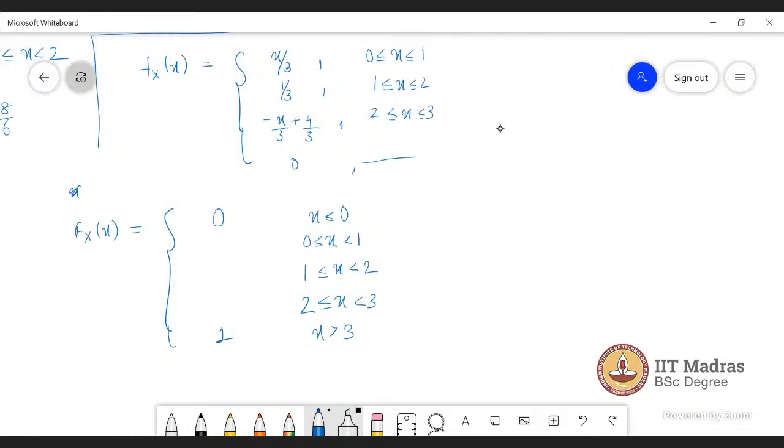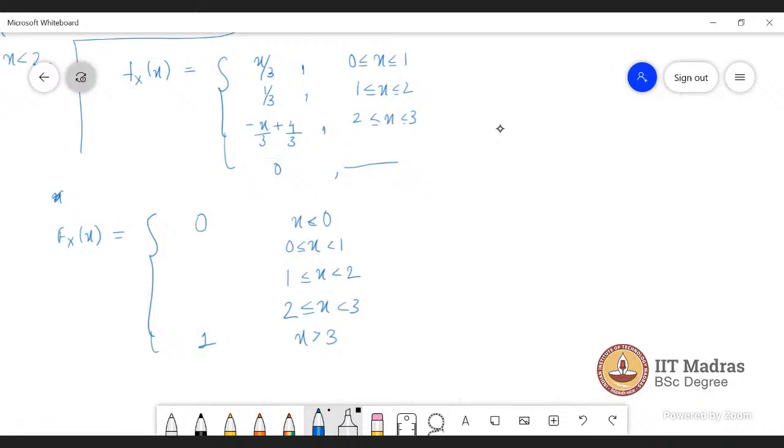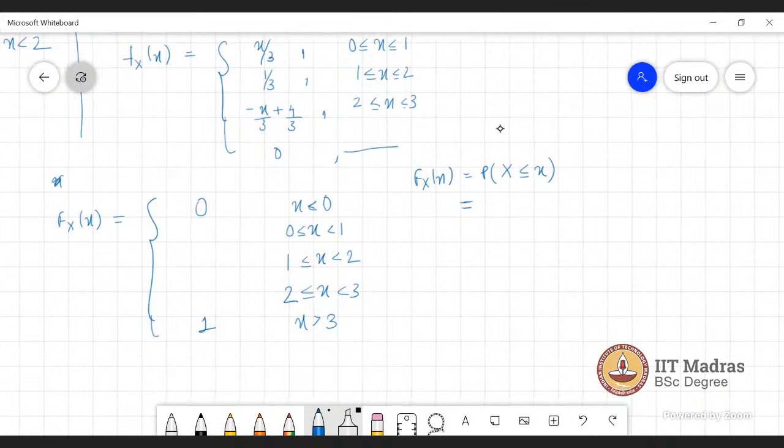So if you have to find the CDF for x between 0 to 1, F(x) is the probability that X is less than or equal to x. To find the CDF, you do the integration of f(x).